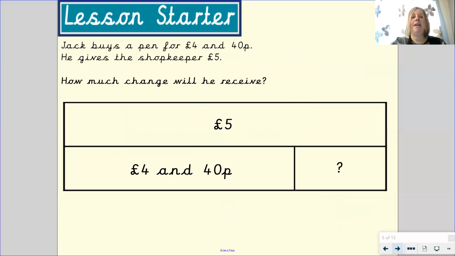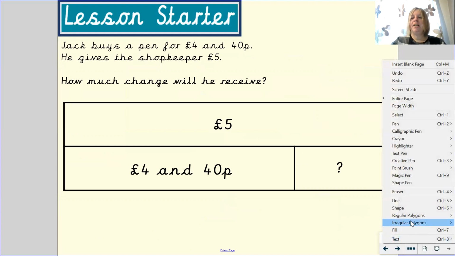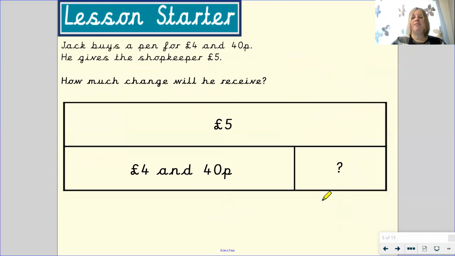Jack buys a pen for £4.40. He gives the shopkeeper £5. How much change will he receive? Let's get our highlighter and highlight the important information in the problem. So Jack buys a pen for £4.40.